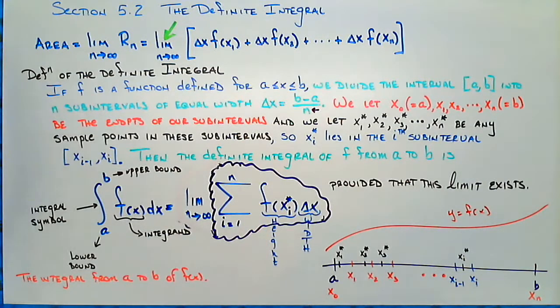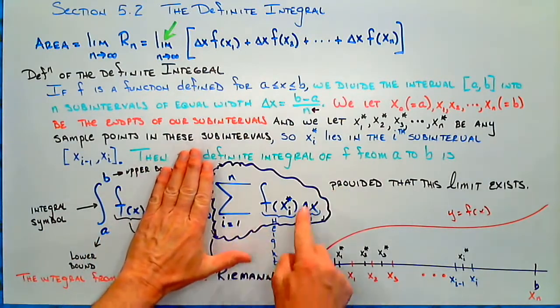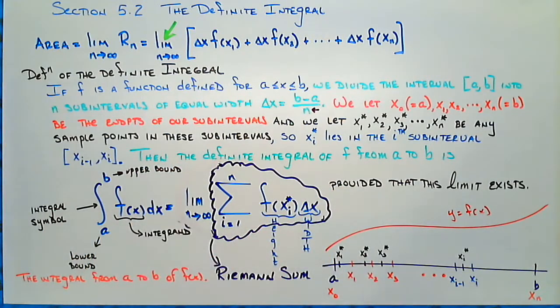Sums of this nature, right? Sums of this nature inside this purple, we call these Riemann sums. So you'll hear that phrase, and you may see it in your book. That's called a Riemann sum, named after a German mathematician. And so if you hear somebody saying Riemann sum, this is what they're talking about, this sum right here, okay?